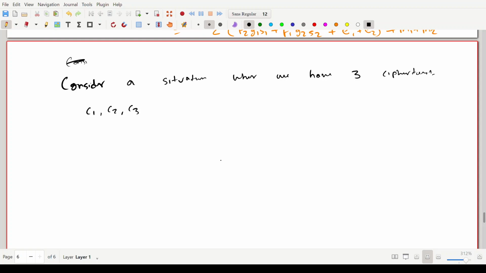Now suppose we already know how to calculate C1, C2 and C2, C3. For C1, C2, what do I require? I require the joint secret key as F1, F2, correct? And for C2, C3, what is the joint secret key? It is F2, F3, correct?